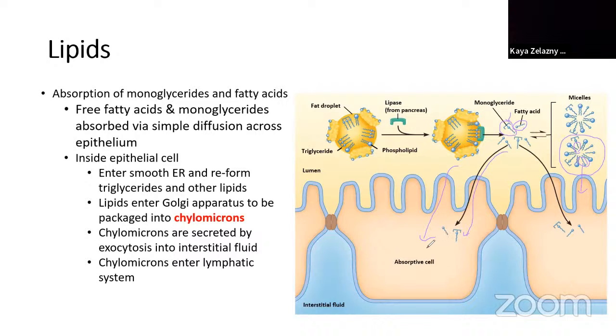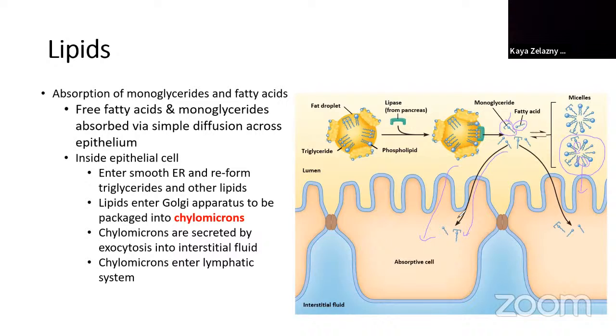Now, once we're in the cells, we are going to do some packaging of these fatty acids and monoglycerides. So they are going to enter the smooth endoplasmic reticulum, which is the endoplasmic reticulum we don't really talk about much, but they're going to pull in those fatty acids and monoglycerides.